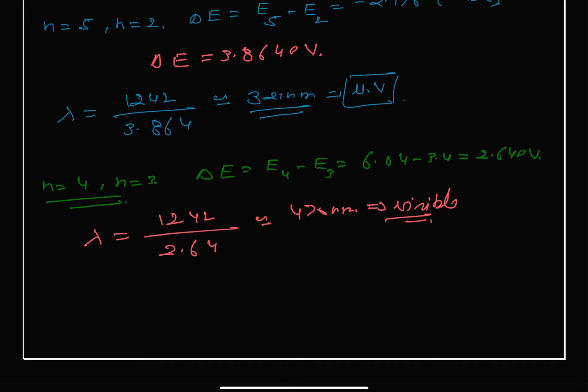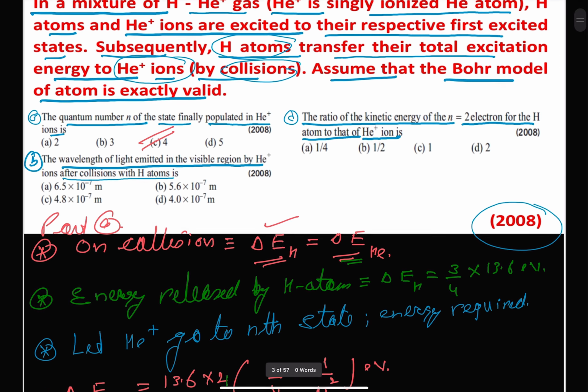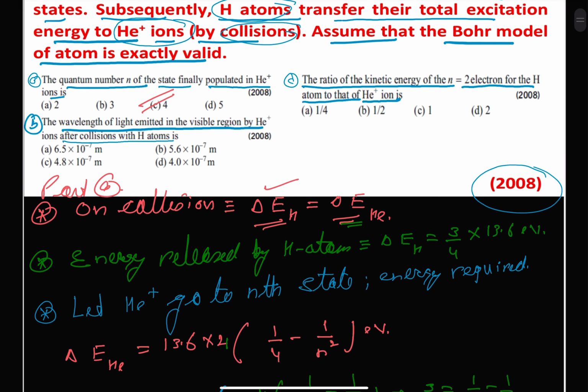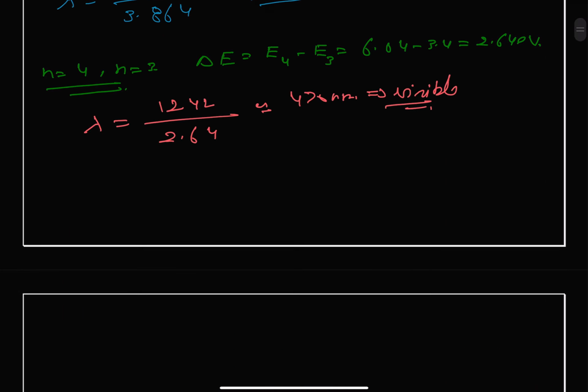Therefore, we can say that the wavelength will be approximately equal to option C, that is about 4.8 times 10 to the power minus 7. Option C is correct.